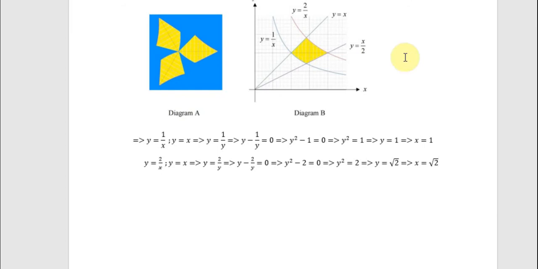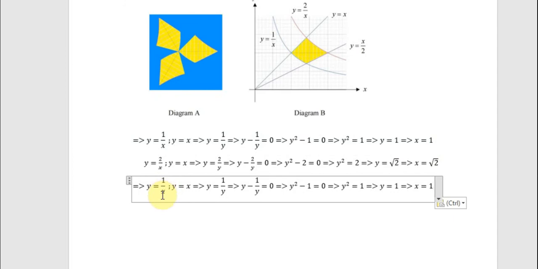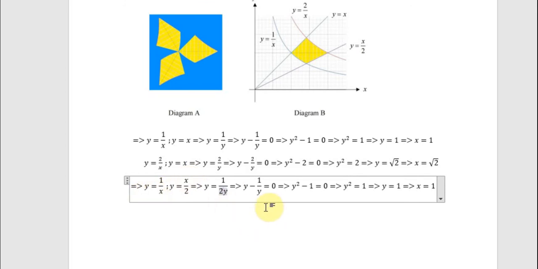The next one, we have s over 2 and 1 over s in here. We do the same thing, but we have the number 2. Two multiplied by y, you get s. That's why you get 2y in here. Then we move both sides by 2y.